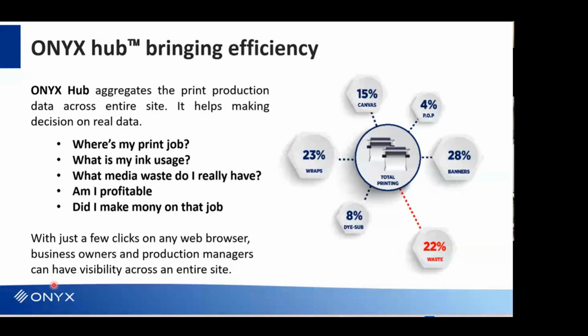ONYX Hub might also be useful even for smaller plants, but for the customers who would like to have bigger control over the print shop, whereas not necessarily staying inside the print shop. As you have noticed, the application will also work on mobile devices, tablets and Mac OS.